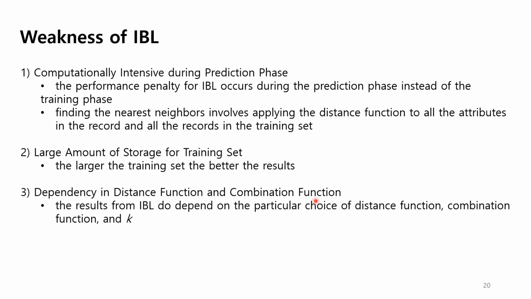Depending on your application, you should choose a proper distance function and combination function. So it depends on the particular choice of distance function and combination function, and it also depends on the number of neighbors k as well.